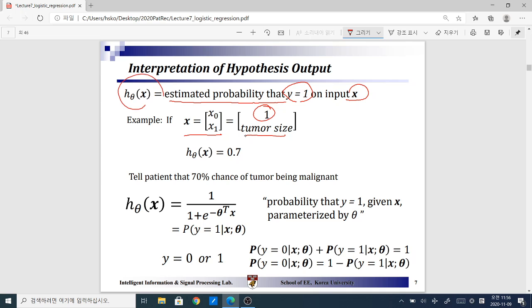And let's just say that using, once again, this hypothesis function using the logistic regression, that value indicates to be 0.7.